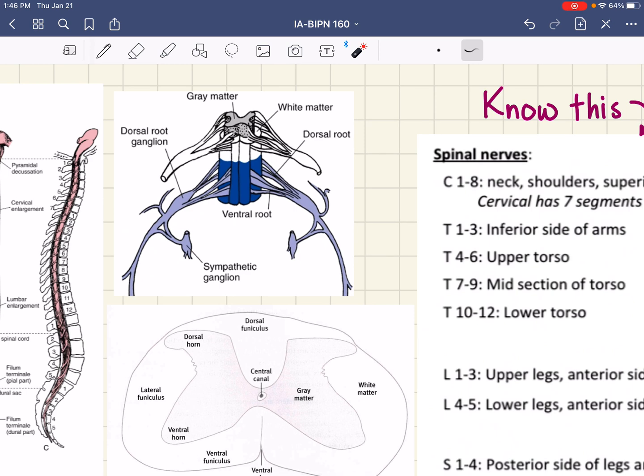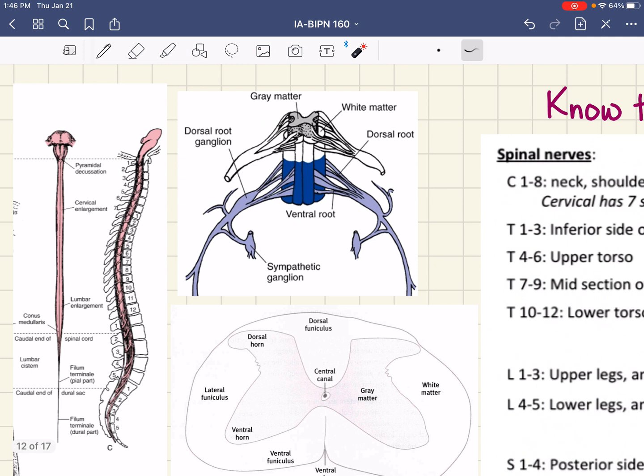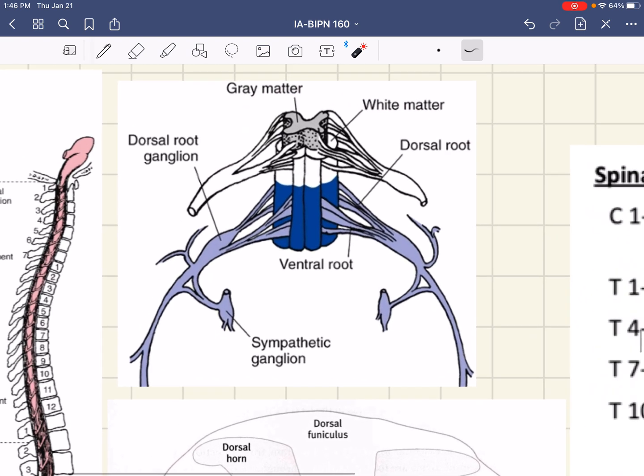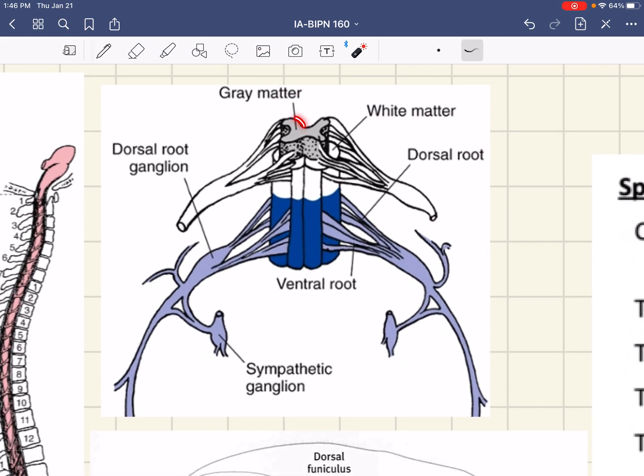Now let's move on to the inside of the spinal cord. If we take a cross section over here and we look inside of the spinal cord, this is what we will see. There is a butterfly-shaped gray matter in the middle, and this gray matter is surrounded by white matter.